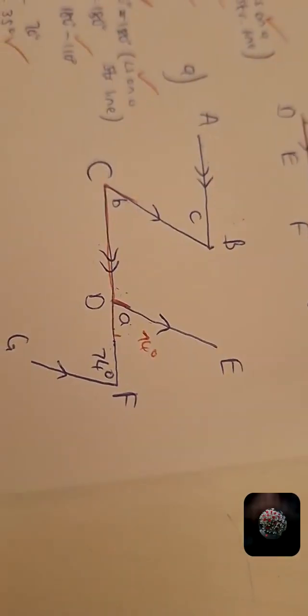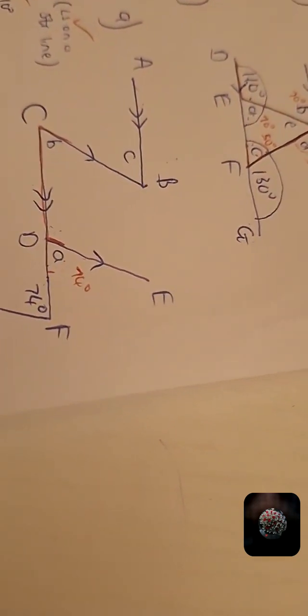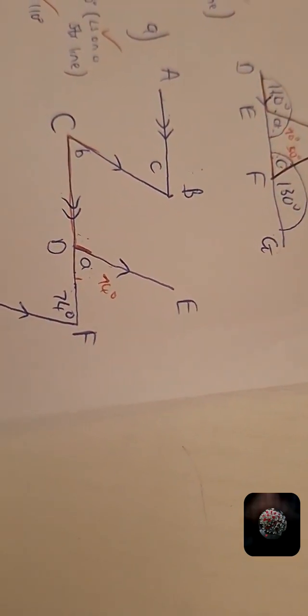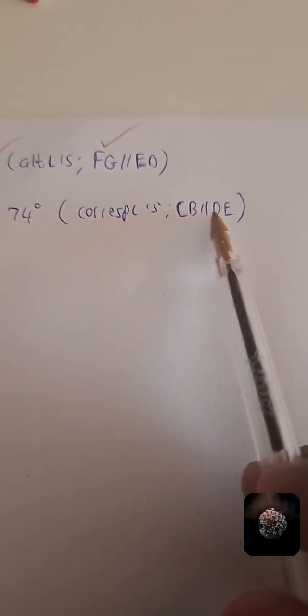Yes. So B is equal to A, which is 74 degrees, if corresponding angles, if CB is parallel to DE. So B is equal to A is equal to 74 degrees. Reason corresponding angles, CB parallel to DE.